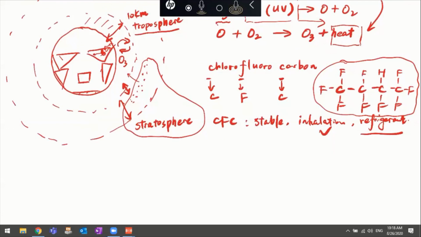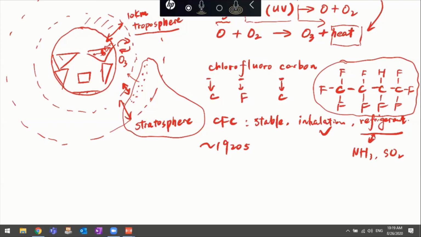It was invented around the 1920s. Because during that time, people normally used ammonia. So I'll just write out the chemicals. People used ammonia and sulfur dioxide as a refrigerant. We know that these species are very smelly, right?